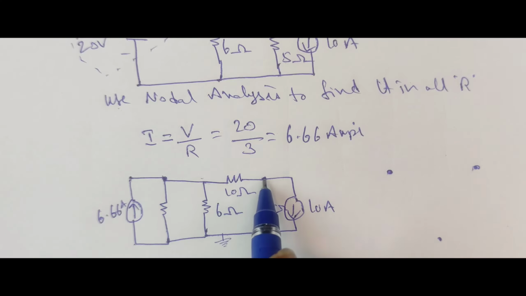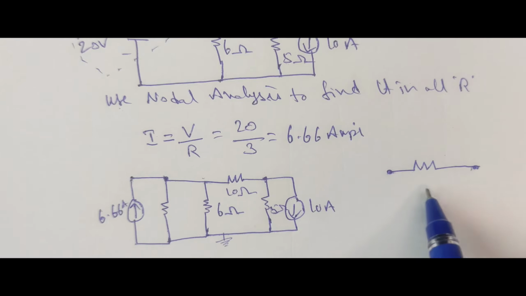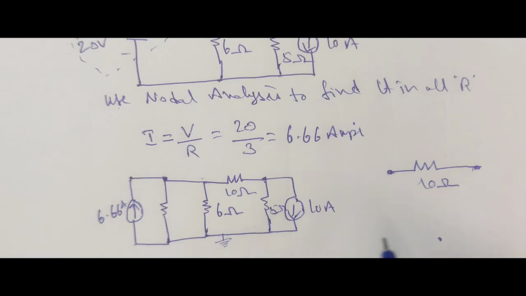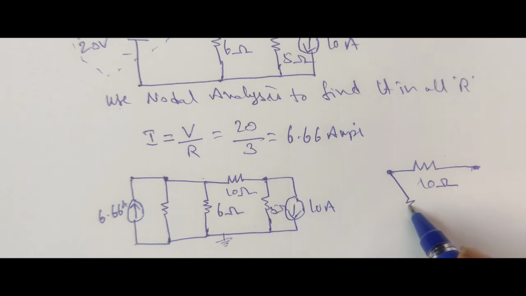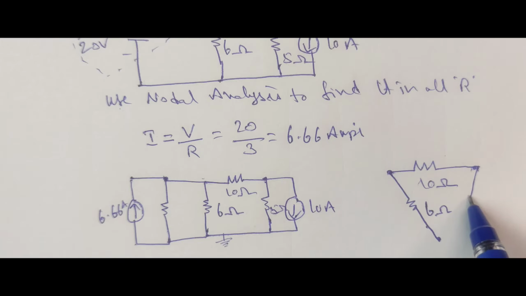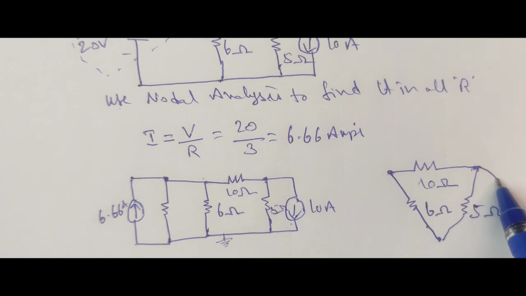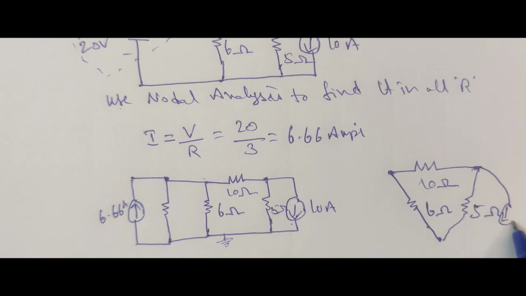Between node 1 and 2 I have only one resistance, that is my 10 ohm resistance. Between node 1 and node 0 we have one resistance, 6 ohm. Between the second node and the reference node I have another resistance, 5 ohm. Again between node 2 and the reference node I have a source, with a value of 10 ampere.